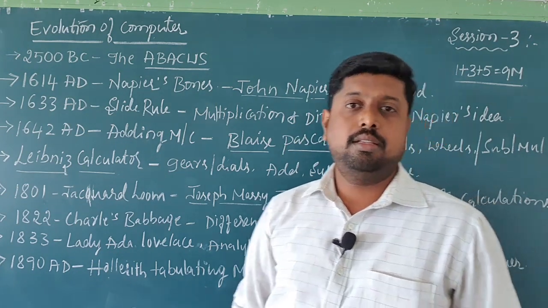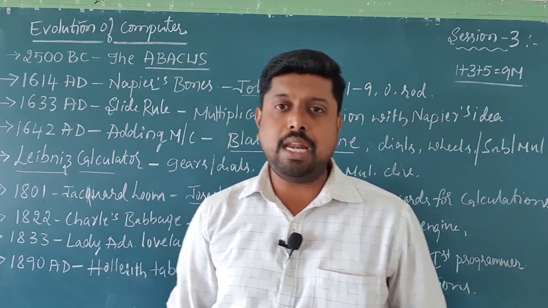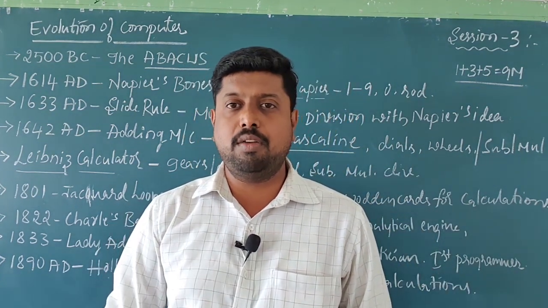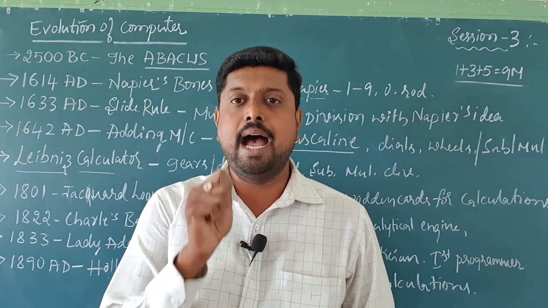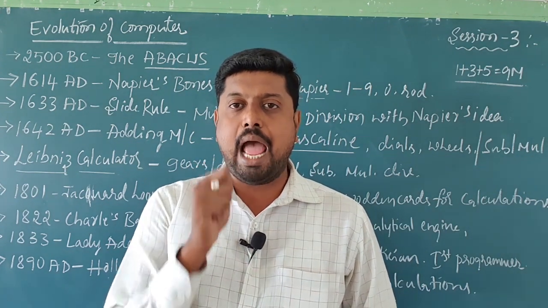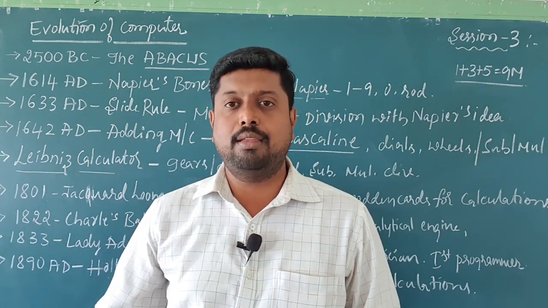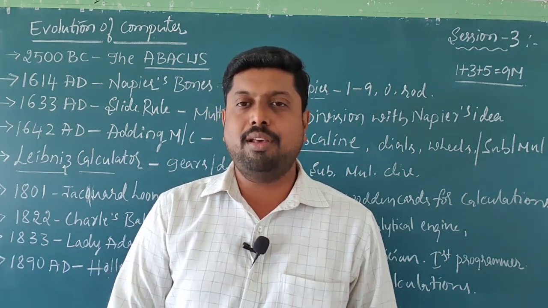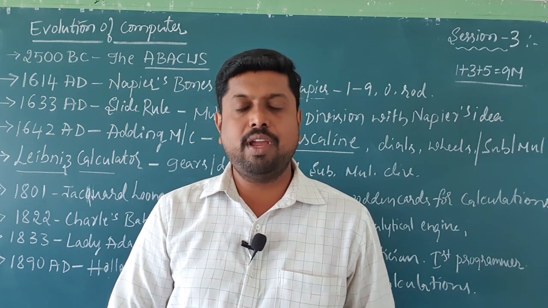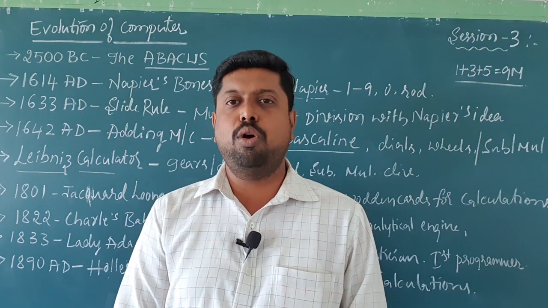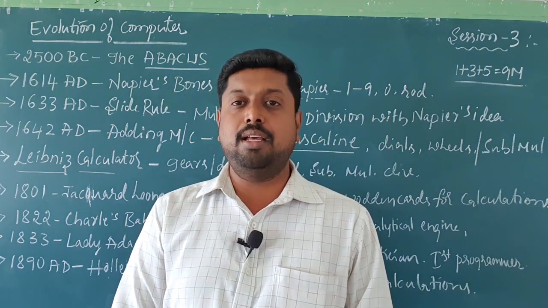But later, Charles Babbage became the very popular scientist in the field of the computer, and he became the father of the computer because his analytical engine could calculate along with storage. So this is what we call the evolution of the computer. After this, we are going to one more interesting topic, the generations of the computer.